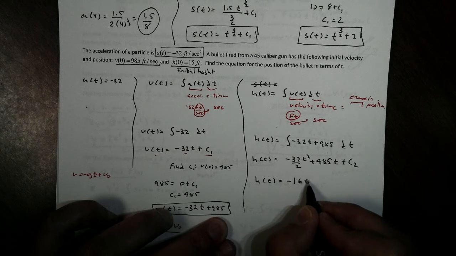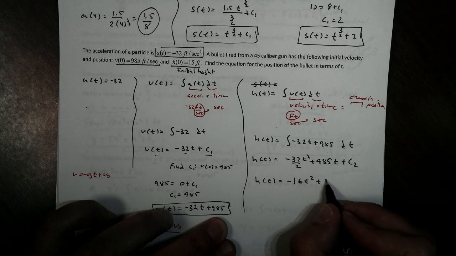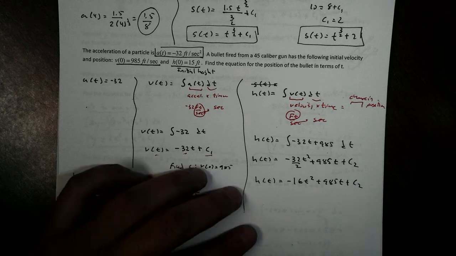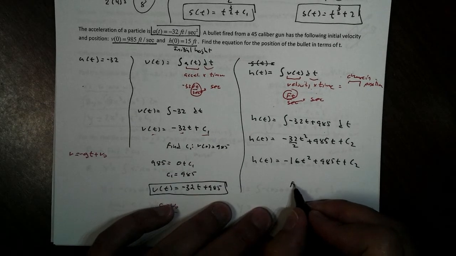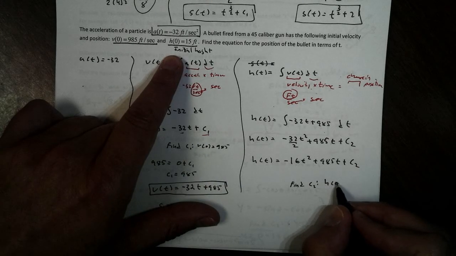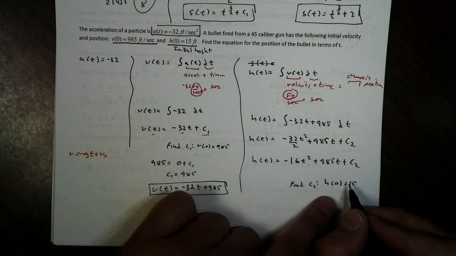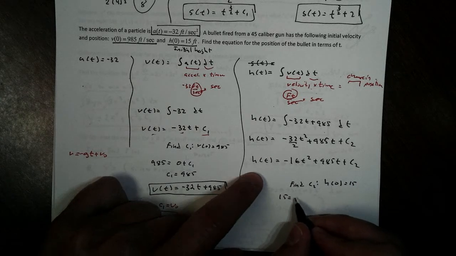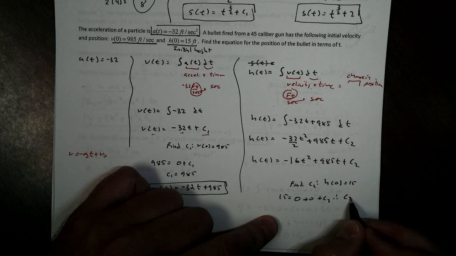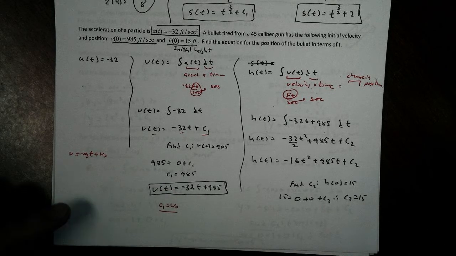Negative 16t squared, that should look familiar, plus 985t plus c2. And we can find c2 by the initial height. h of 0 equals 15. I can just plug that in. 15 equals 0 plus c2. Therefore c2 is 15.